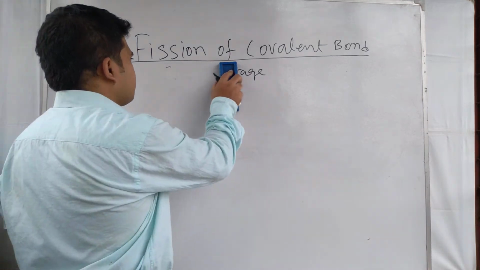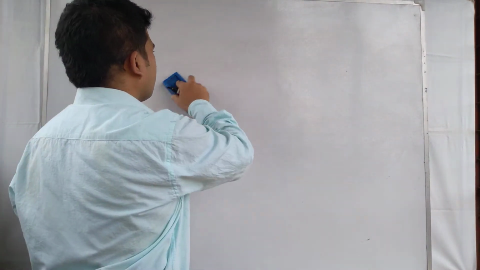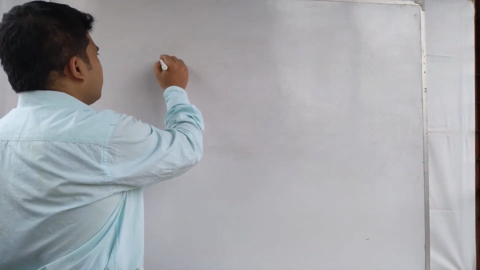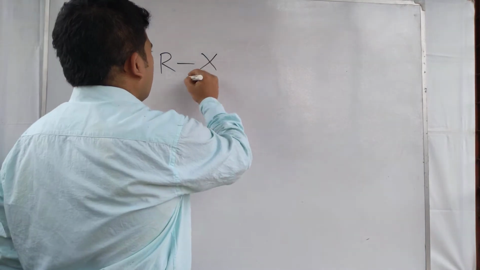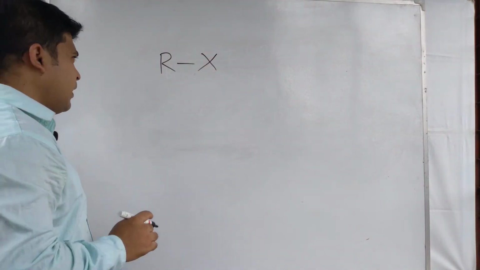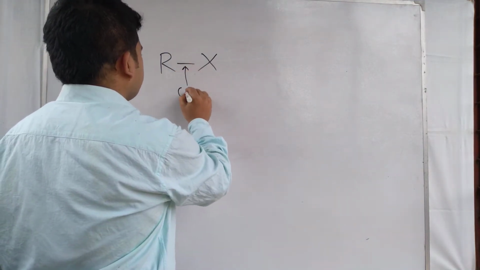For example, let's start our discussion with an example. Suppose RX is bonded together by a covalent bond. This is a covalent bond.